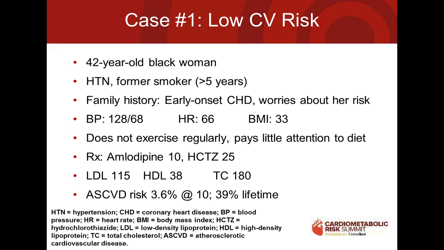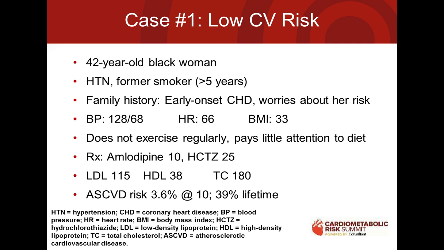So the way that I want to go through this is to talk about three fictional patients: a low-risk patient, an intermediate-risk patient, and a high-risk patient, and what imaging tests may or may not be appropriate in each of those scenarios, because that's how the guidelines are written, and that's how the appropriate use criteria are written. It's based on risk.